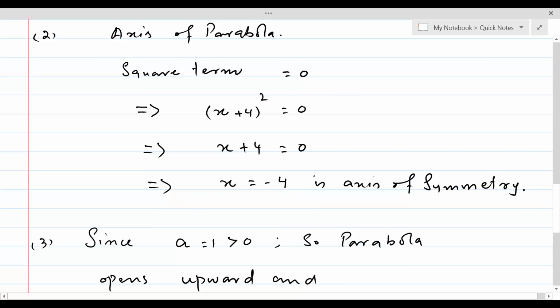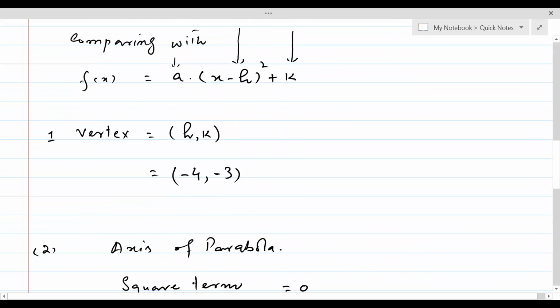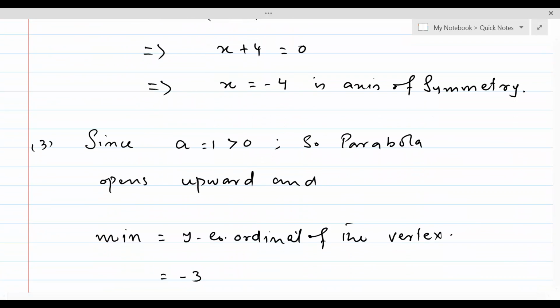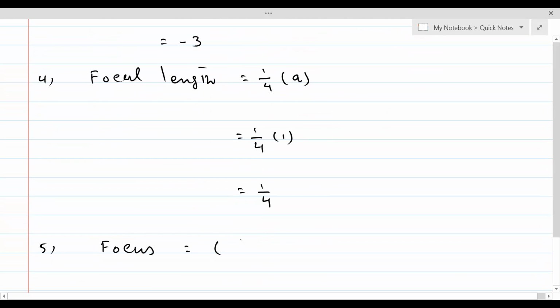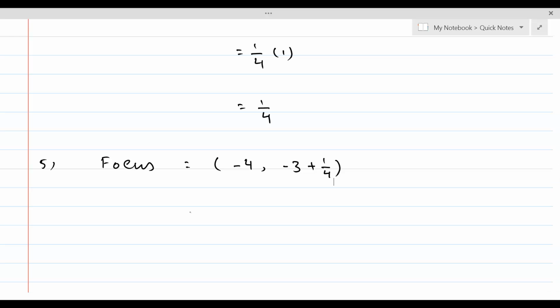If we write the whole thing together, that would be minus 4, minus 3 plus focal length, and focal length is 1/4. If so, then this is equal to minus 4, and this would be minus 11/4.